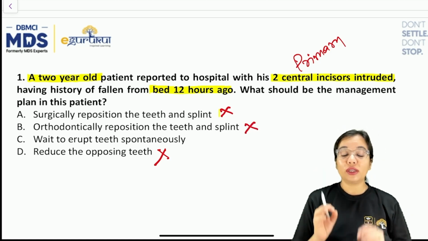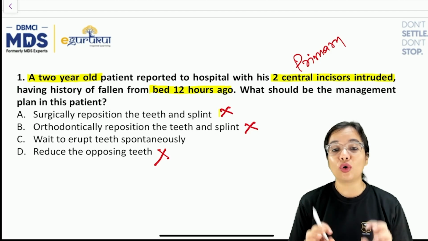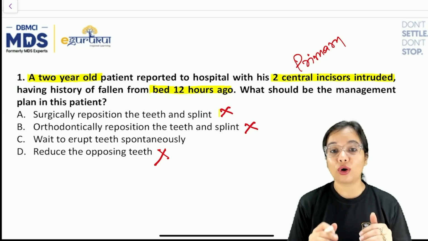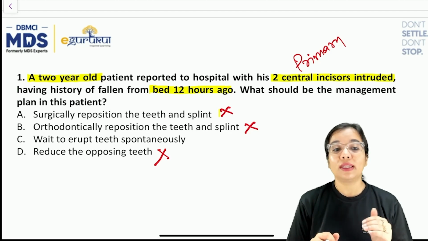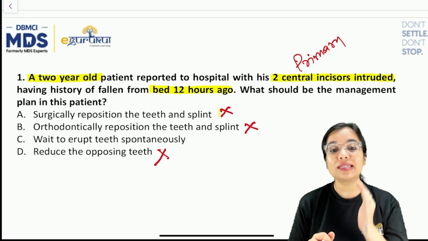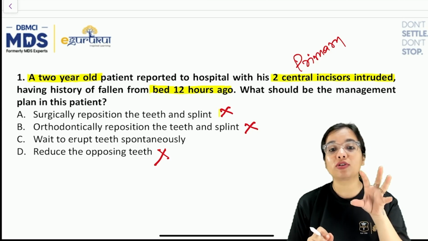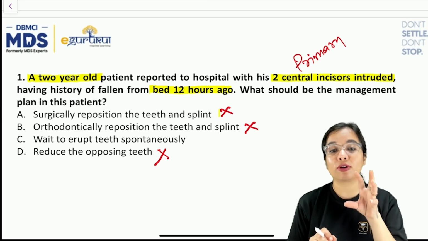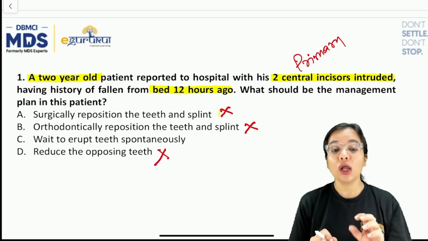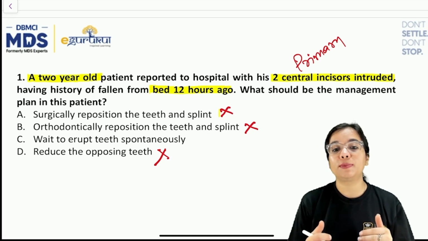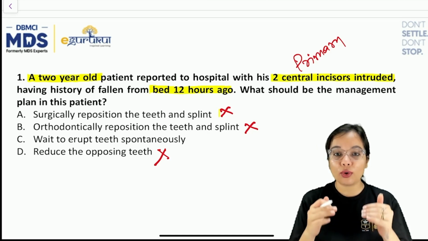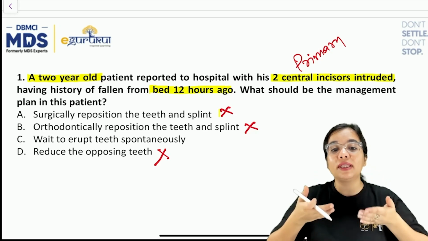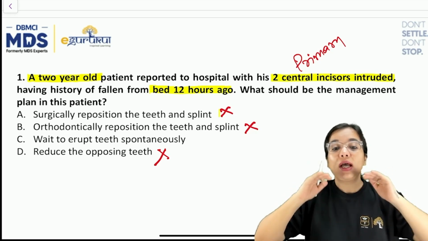The child is so young that the permanent tooth buds are still there and in the process of eruption. So in the process of eruption, the permanent tooth buds are going to push the primary teeth that have been intruded outwards again.